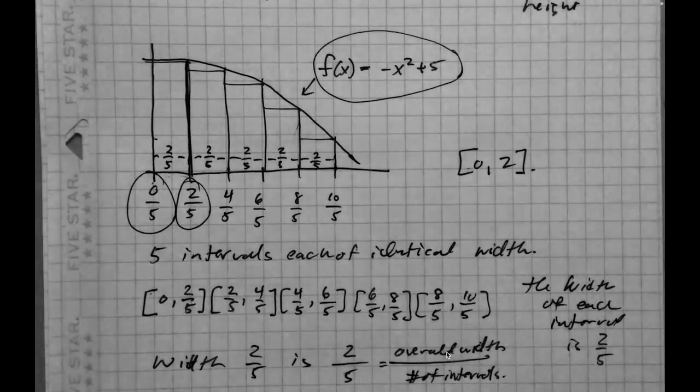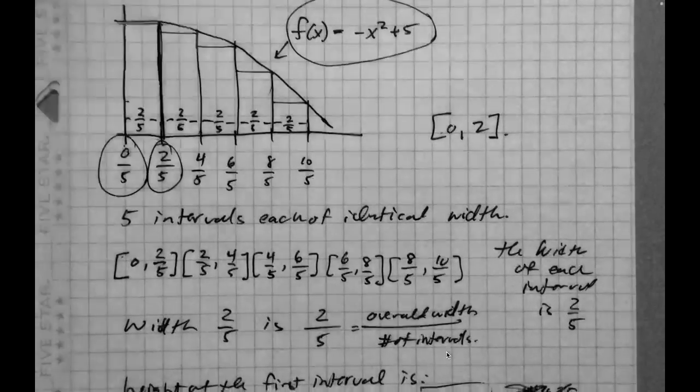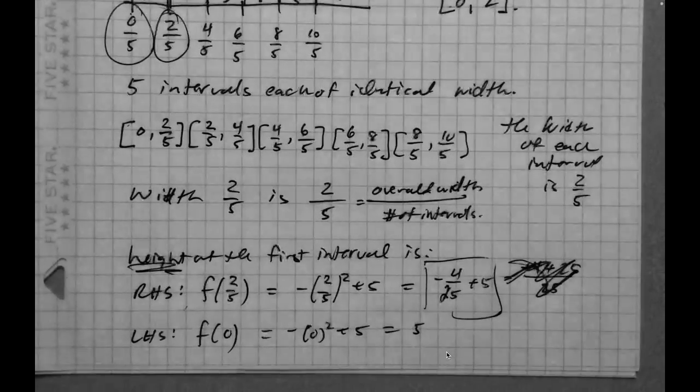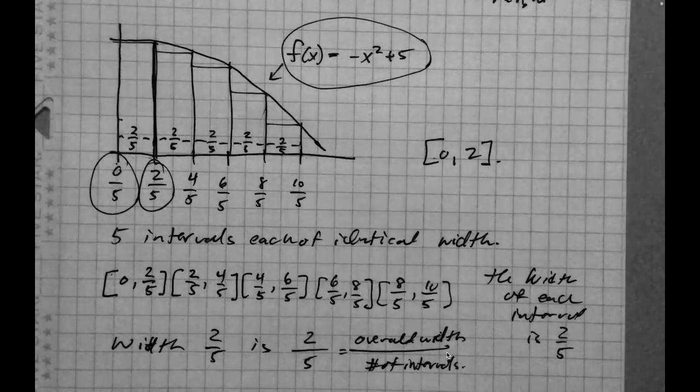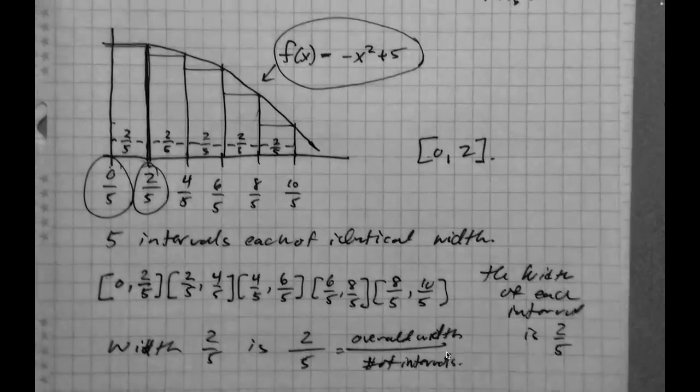Okay, so that's how we would figure out what the dimensions of the rectangle are in order to multiply them together to calculate the area. And so let's talk through what this sum would actually be.